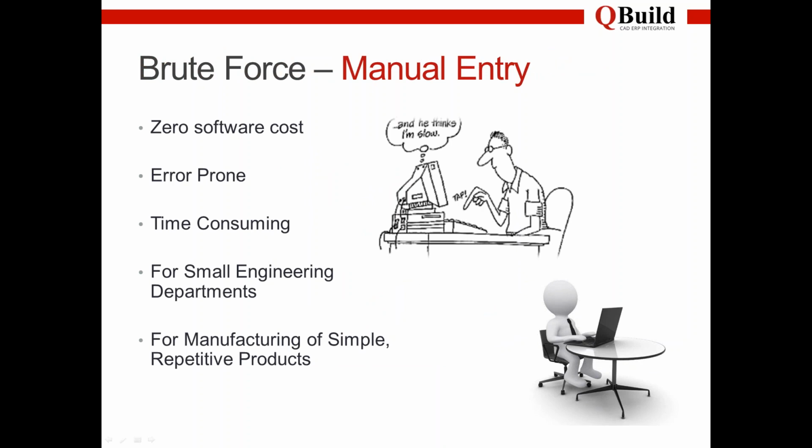You have either the engineer, when they're done modeling or making a change to a model, manually keying that data into NAV. Or even worse, they may hand off that bill of material to someone else, like a doc admin or a document assistant, and they'd be the ones keying in this data.